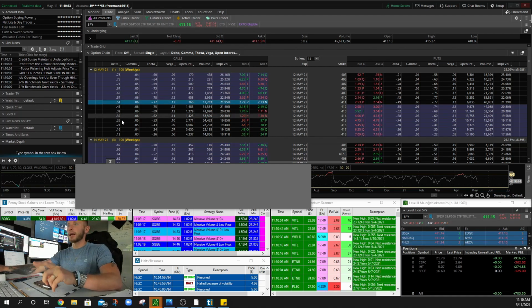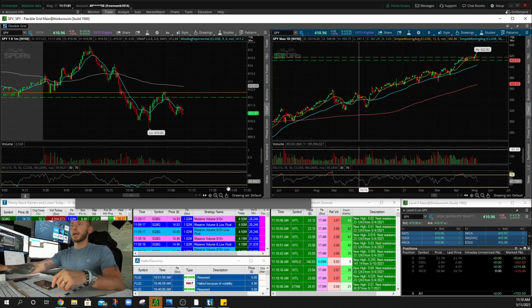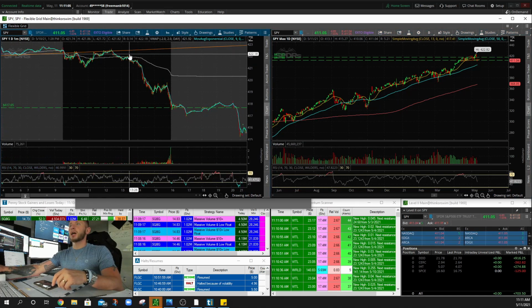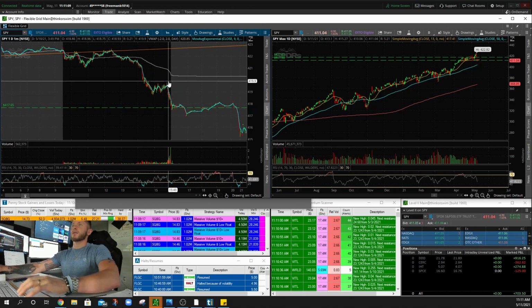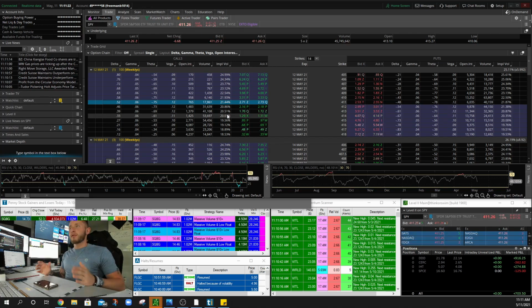But let's say Jay Powell comes out, Fed Powell, bad news, whatever the case is, and you see the SPY get volatile. Let's say we see something like yesterday where the SPY is just falling. There's a lot of volatility. This stock is moving aggressively. That would make the supply and demand go up, which would increase the implied volatility from, say, hypothetically, 20% to 50%.